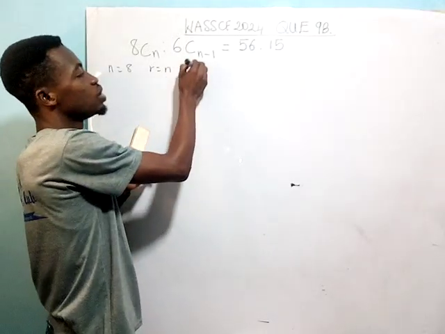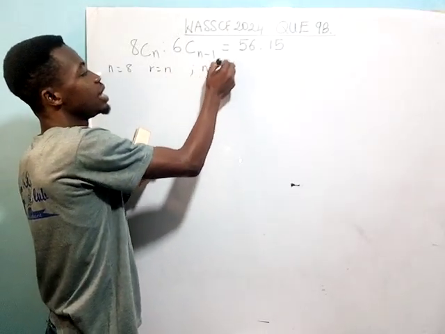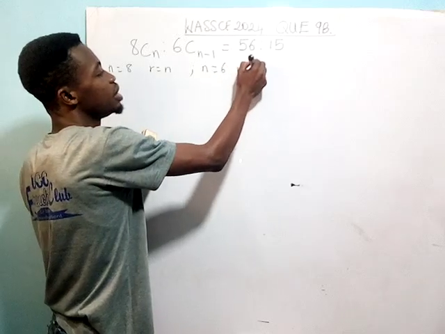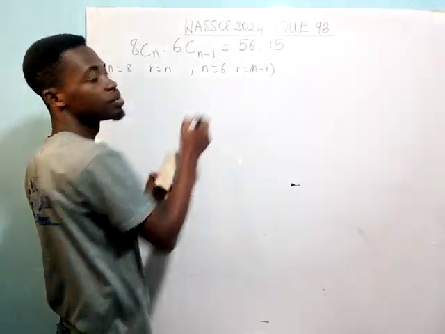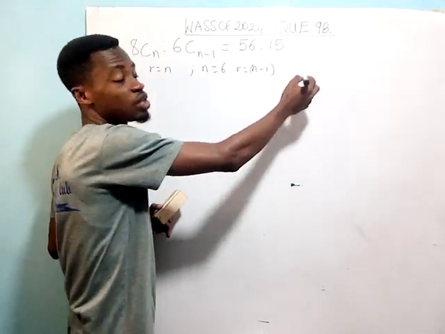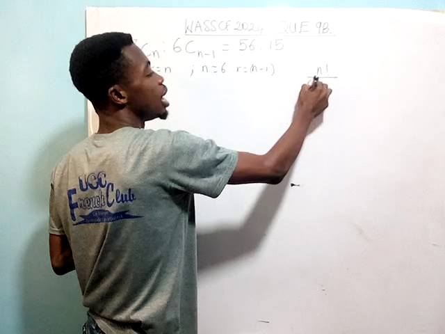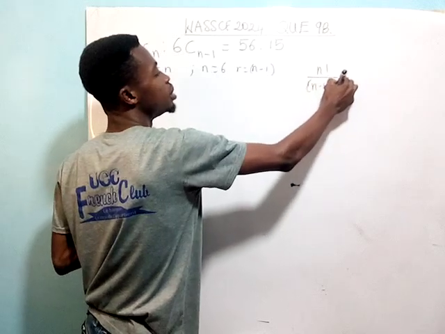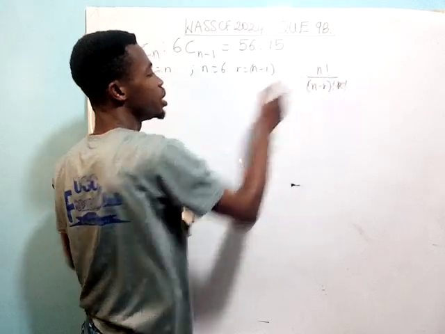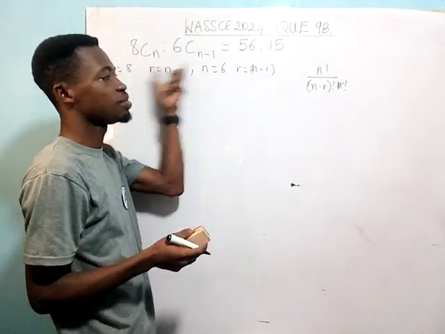Now when we come to this side, your n is 6 and your R is n minus 1. So from the general expansion, we are going to do the substitution.